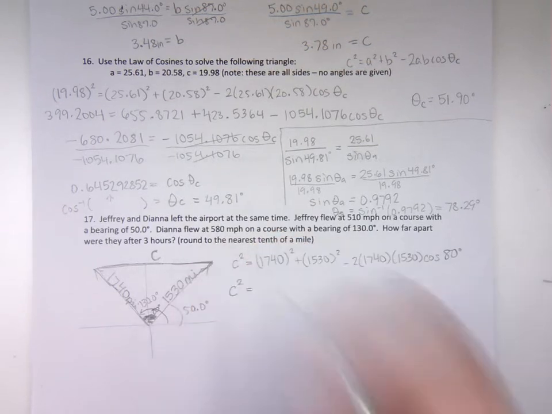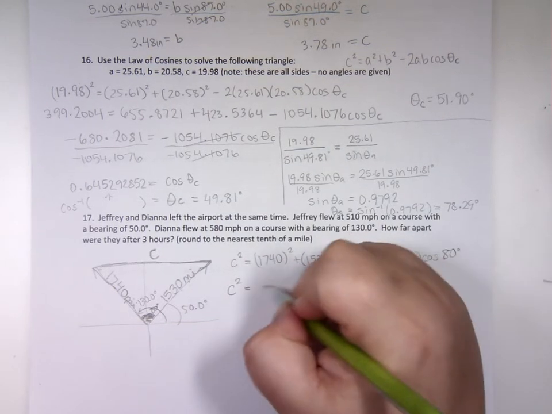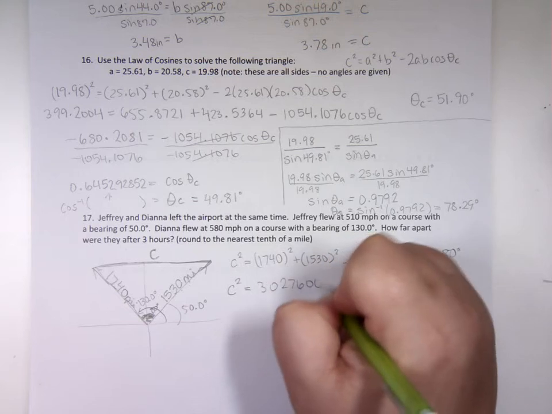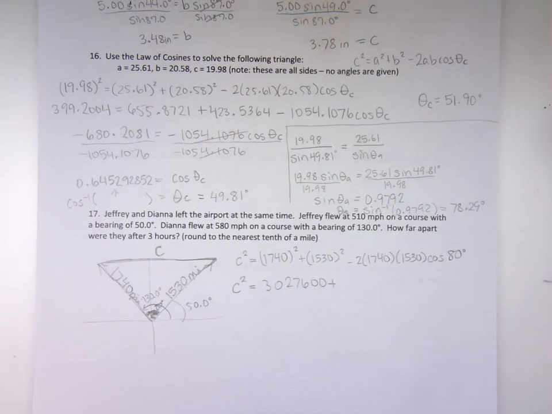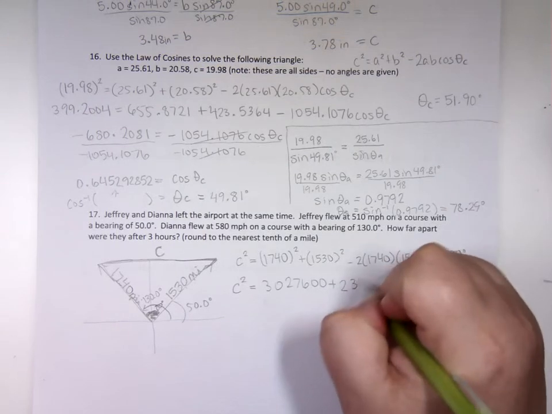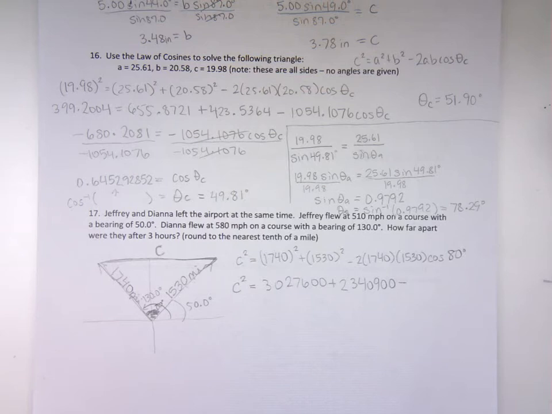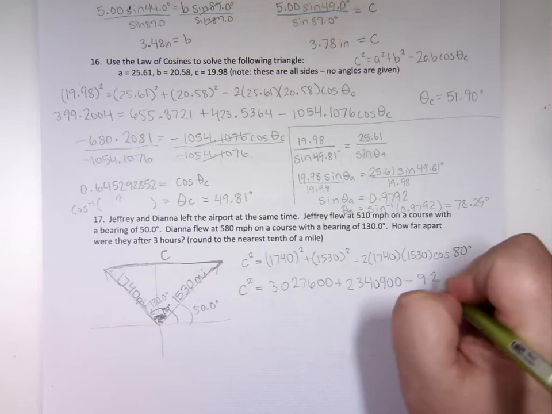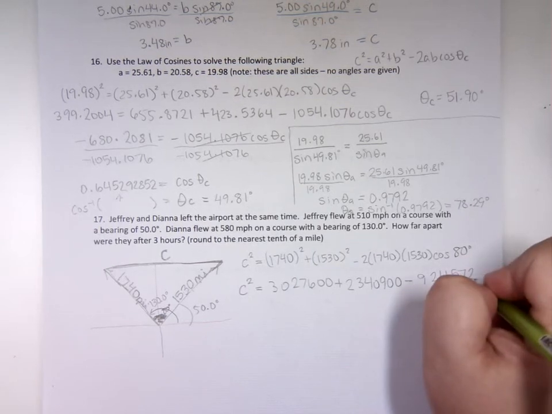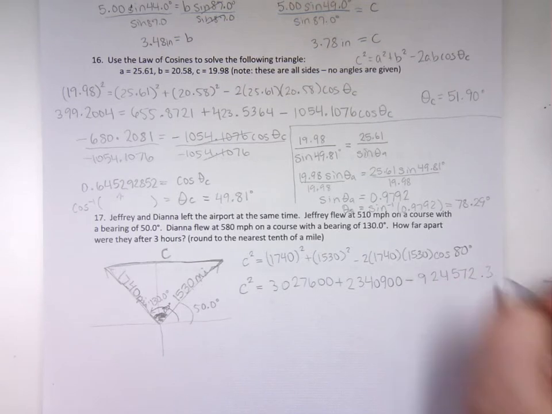So C squared is, okay, so this is going to be 3027600 plus 2340900 minus 924572.3 and change.